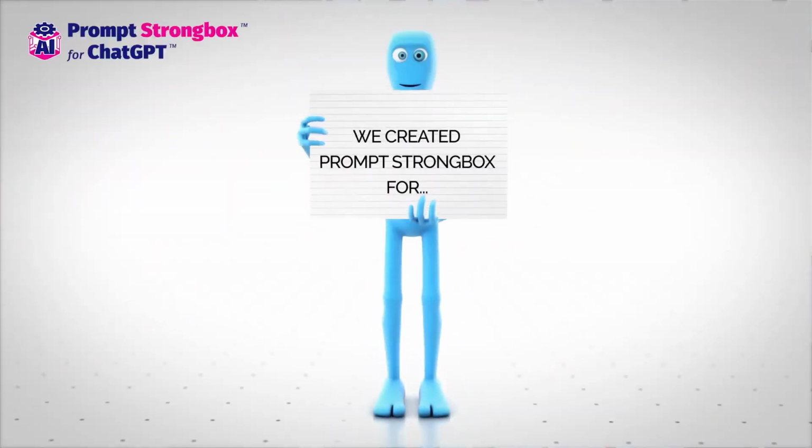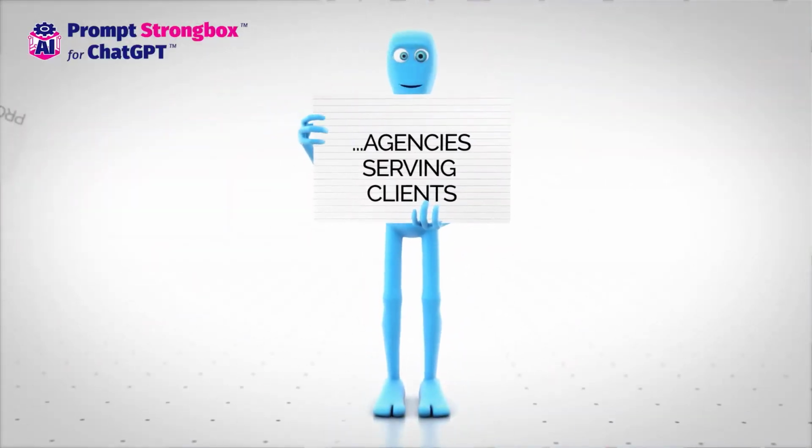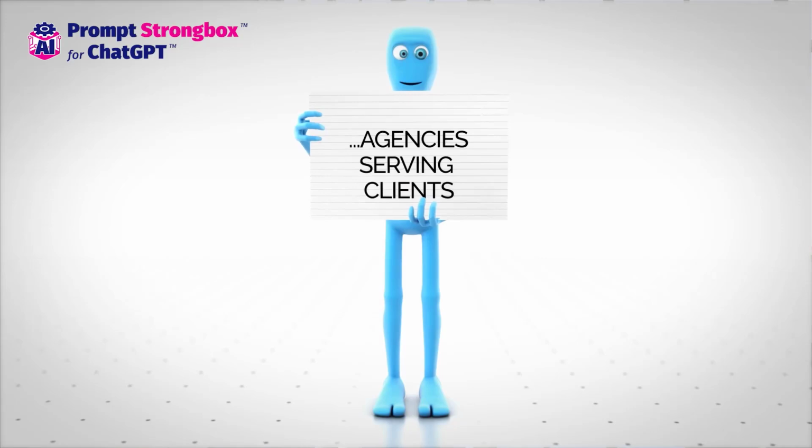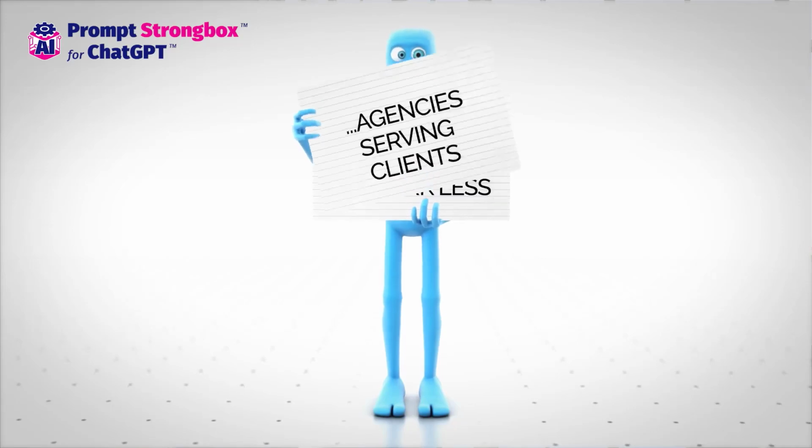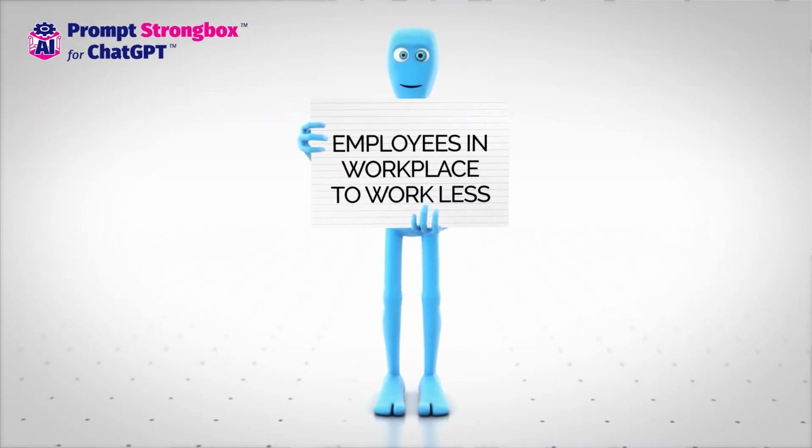We created Prompt Strongbox for businesses of all types, including agencies serving clients and employees who use ChatGPT in the workplace and wish to either work less or demonstrate improved performance to get that raise.